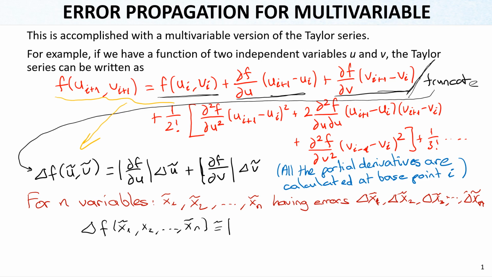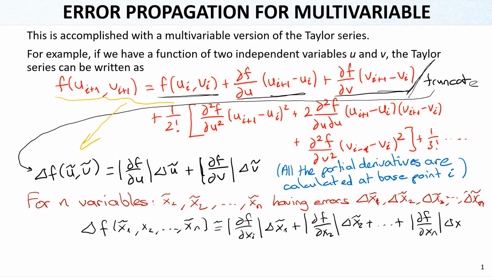These are basically Δf, the partial derivative in terms of x1 times Δx1 plus partial derivative in terms of x2 and Δx2, and it goes this way until the end term, ∂f/∂xn and Δx̃n.